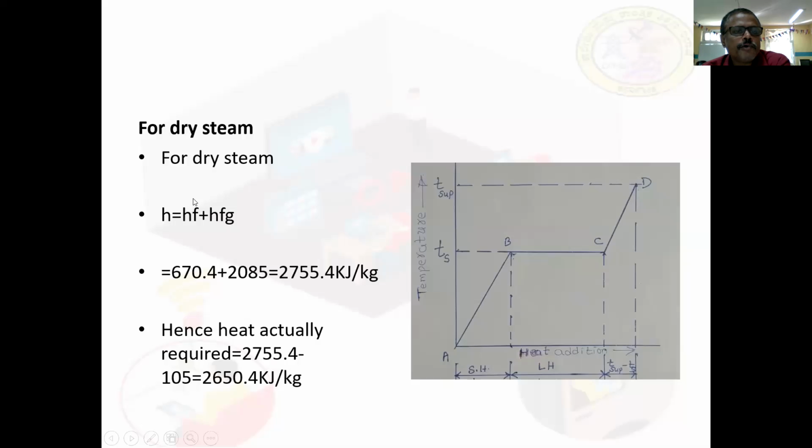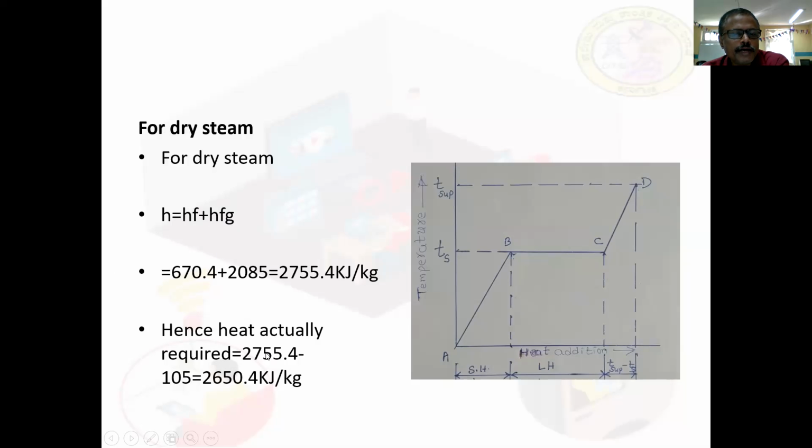Then for dry steam, what is the equation? H is equal to HF plus HFG. That is, HF is 670.4 from steam table. HFG value is 2085. You add that, it is 2755.4.